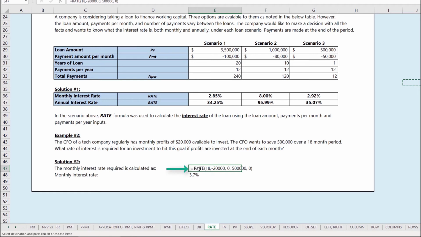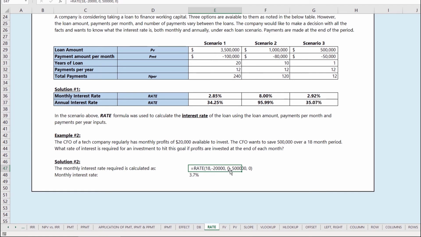What we need to do is put these metrics that we know in the example into the formula. As you can see in cell E47, we're using equals RATE. And then for the syntax, we're using 18 for the number of periods, because it's going to be an 18-month period where we're going to be investing. The payment we're going to make each period is $20,000, because that's the profits available each month to invest.